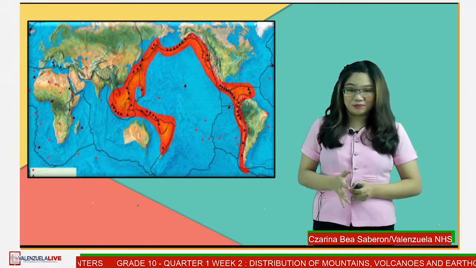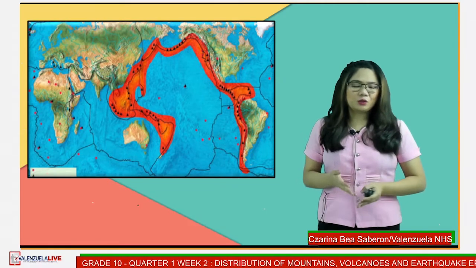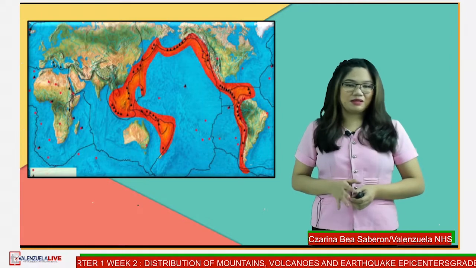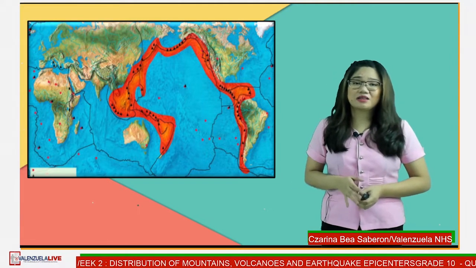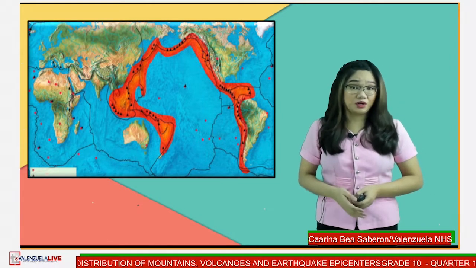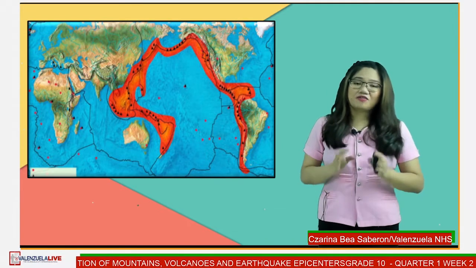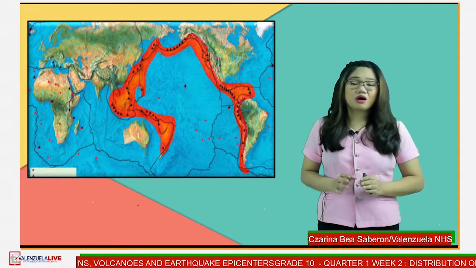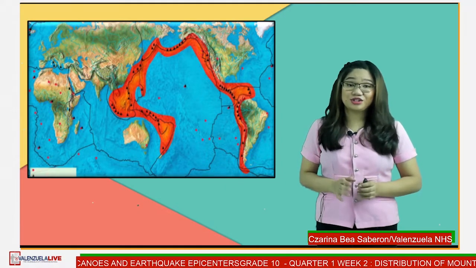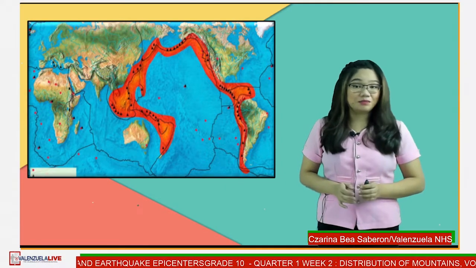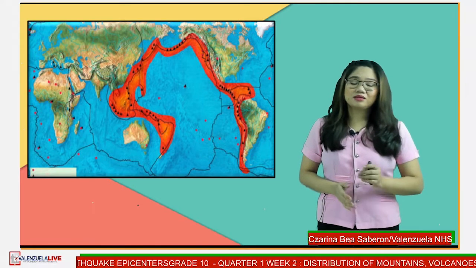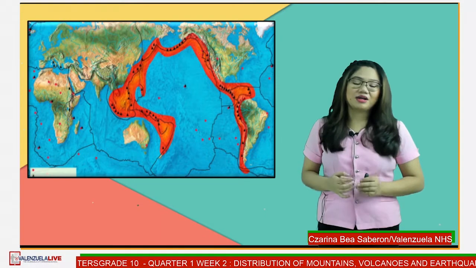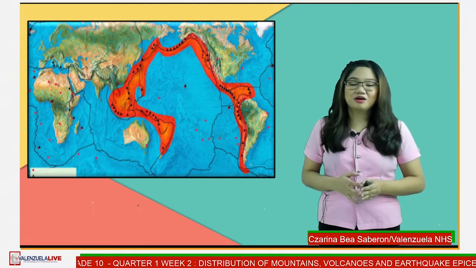All right, so now that you know that mountains, volcanoes, and earthquake epicenters all lie at the edges of the plate boundaries, what can we conclude from there? So it must be telling us something about the plate tectonics, right? And how it works. So you see, if mountains, volcanoes, and earthquakes are all distributed at a certain pattern at the plate boundaries, and mountains are continuously growing, and there is a continuous activity for the volcanoes.